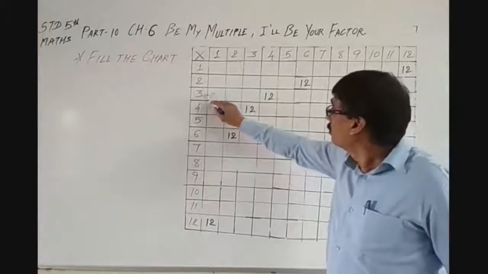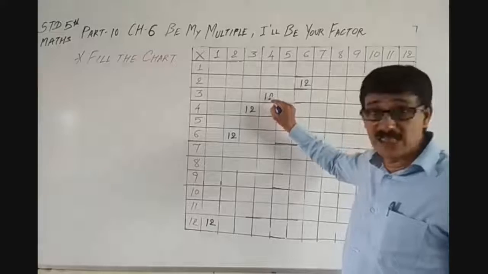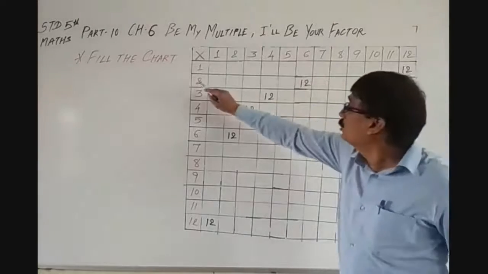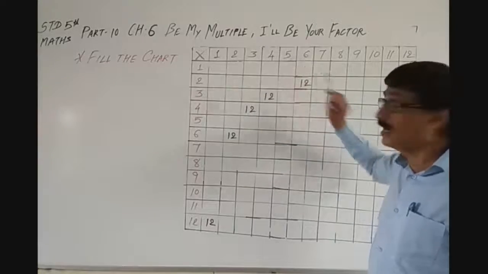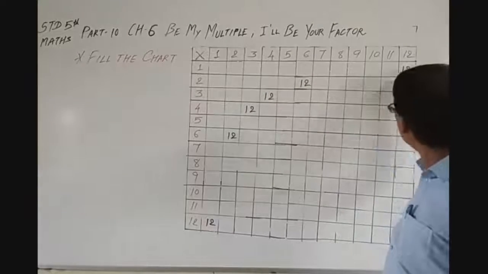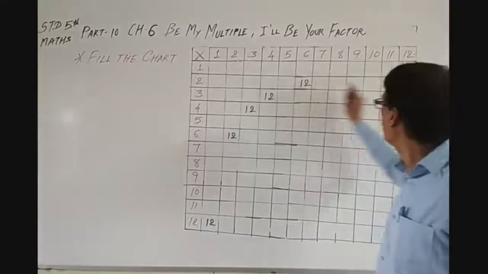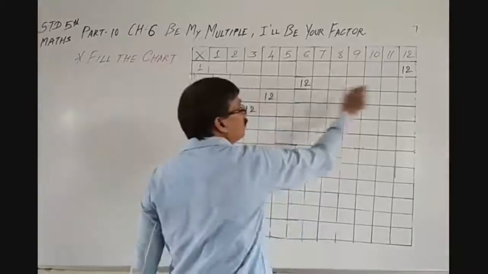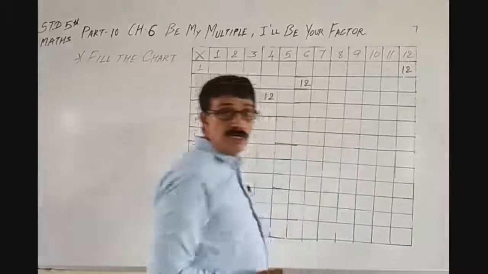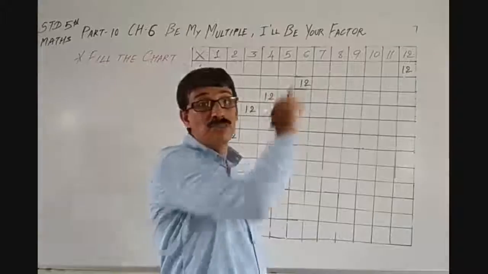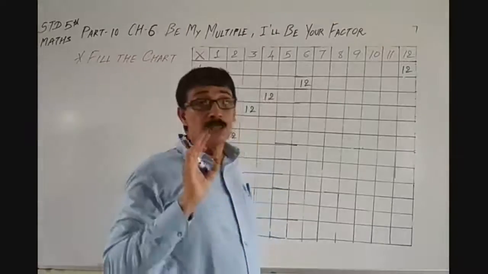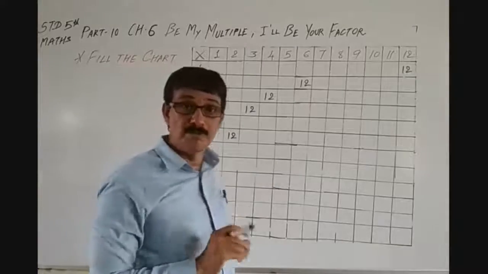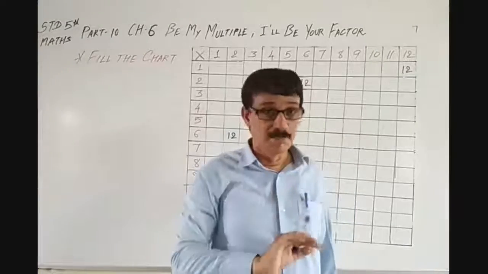This 12, 3 4s are 12. Now here, 2 6s are 12. And here, 1 multiplied by 12 is also 12. So we could get 12 six times by multiplying different numbers.